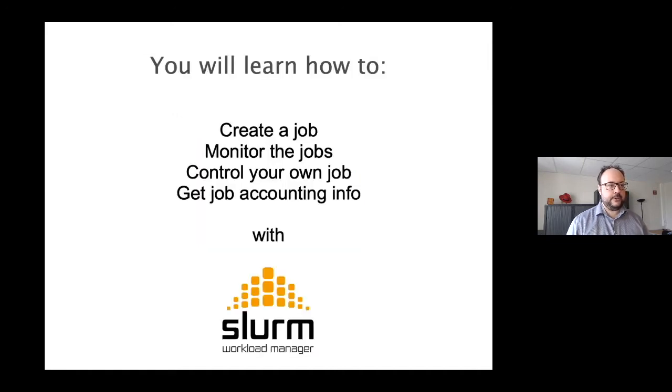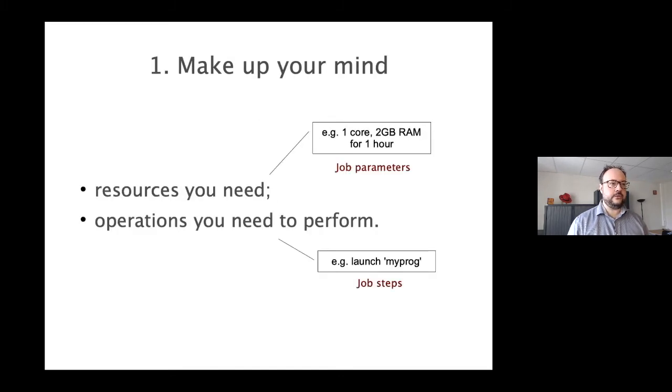So in this session, you will learn how to create a job, monitor the jobs, control your jobs, and get accounting information for your jobs, all using Slurm. To create a job, the first thing you need to do is to make up your mind. You need to think about 2 things. First, the resources that you need. For instance, you need 1 CPU core and 2 GB of memory for, let's say, 1 hour.